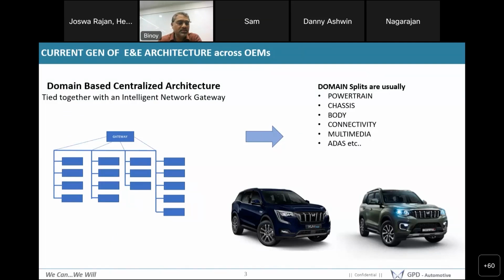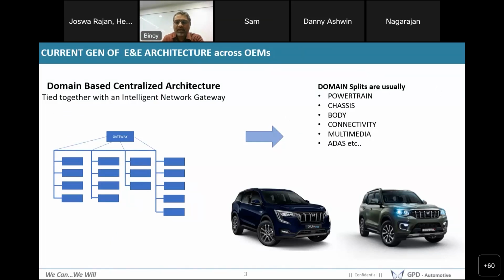This is a typical architecture which pretty much everybody has today. It's a domain-based, multiple ECUs through a gateway architecture. The lines which you see are typically CAN interfaces, and these blue boxes which you see are each ECUs.